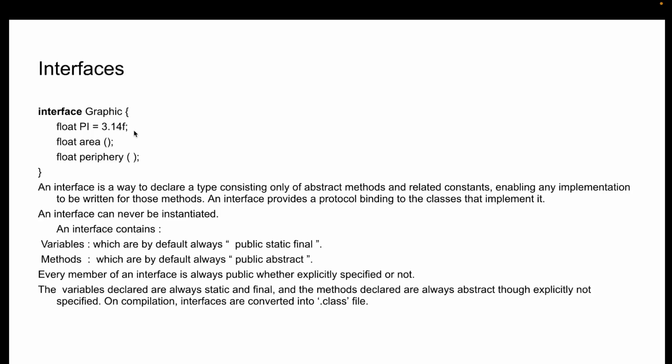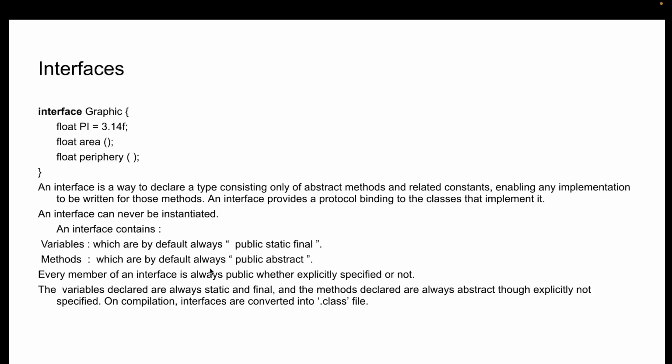We have not used any keyword such as public, static, final, but by default this pi variable is public, static and final. Even if we do not use them before this data type, it is by default public, static and final.